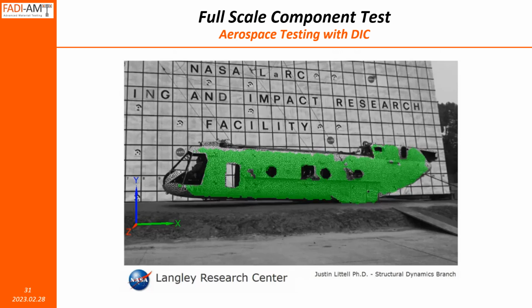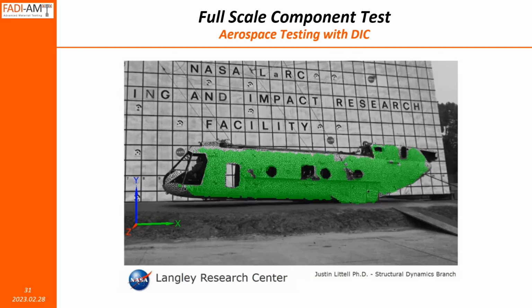Now this is again an amazing example to show the true power of DIC and the kind of applications it has been put into. This video is from NASA Langley Research Center.